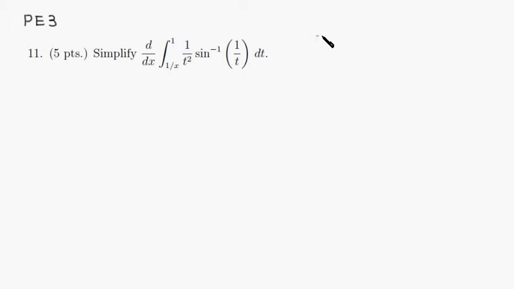The fundamental theorem of calculus, part 1, states that if you take the derivative with respect to x of the integral from a to x of f of t dt, it's going to be simply f of x.